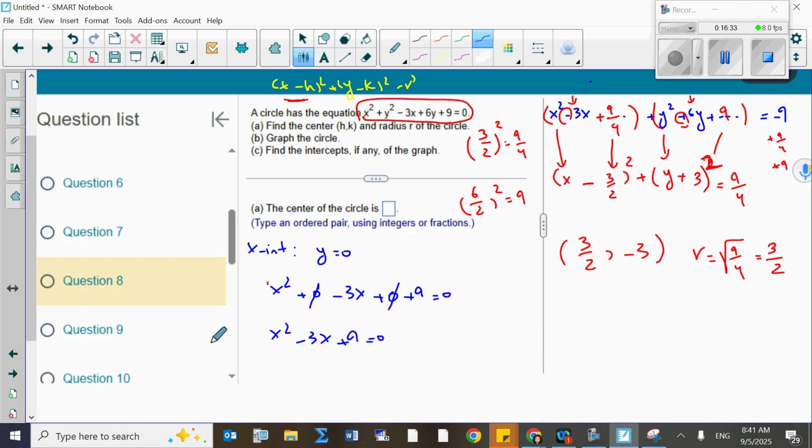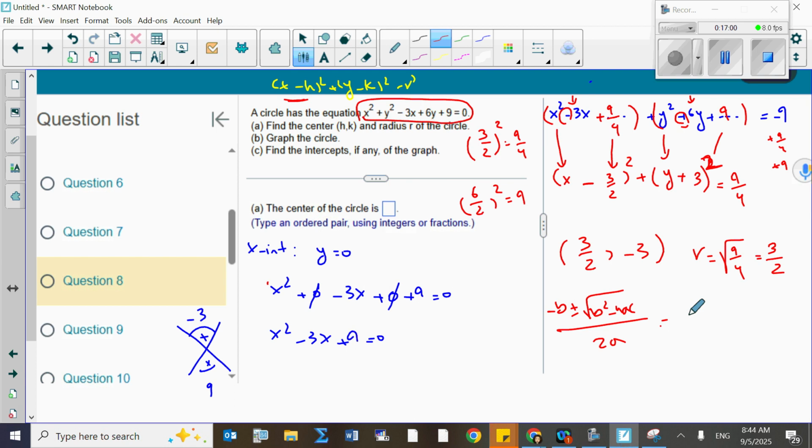I'm going to solve this. I can factor it: two numbers that add up to negative 3 and multiply to 9. And I see that there are no two numbers that can add up to negative 3 and multiply to 9. I can even try the quadratic formula, which is negative b plus or minus the square root of b squared minus 4ac, over 2a.